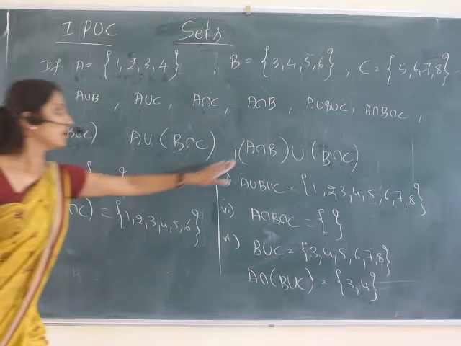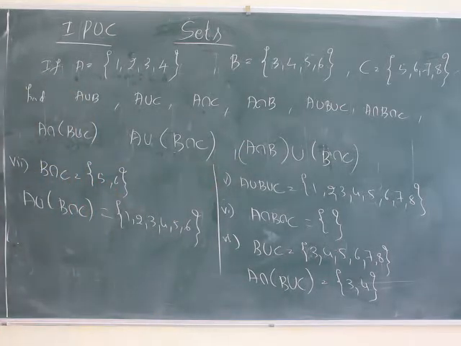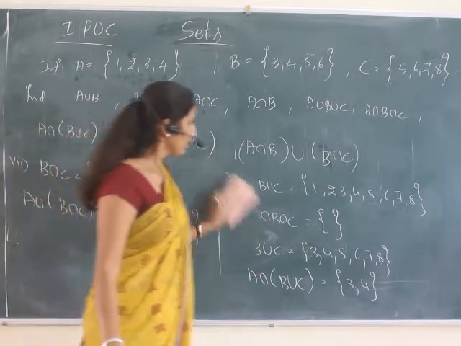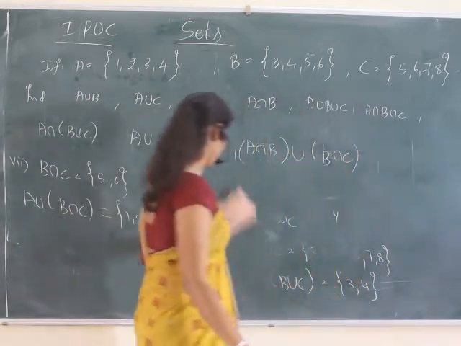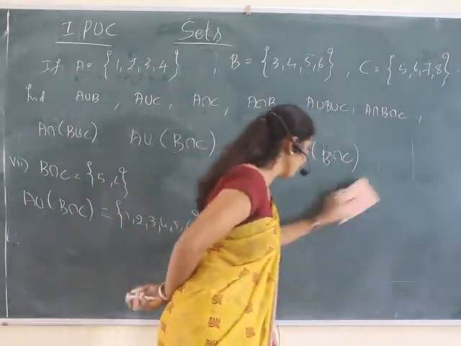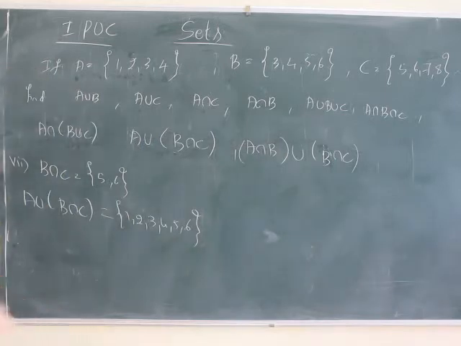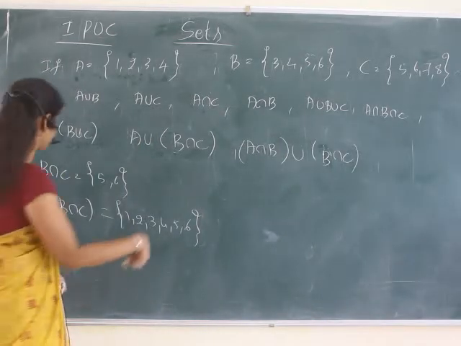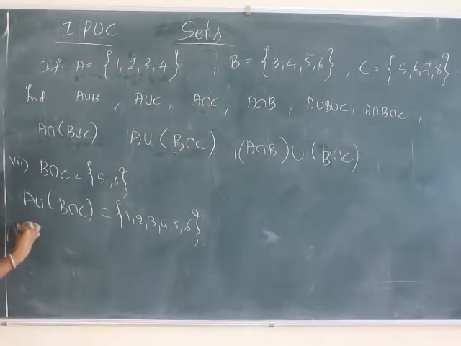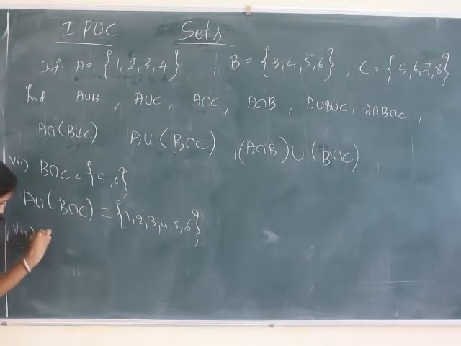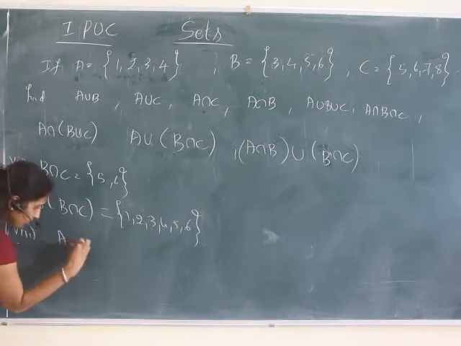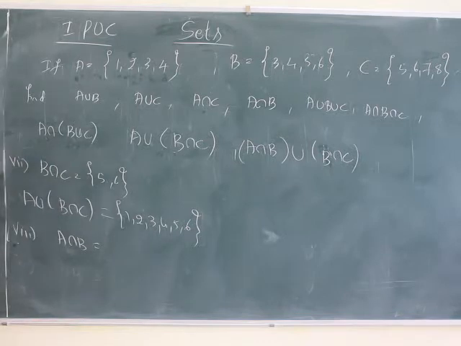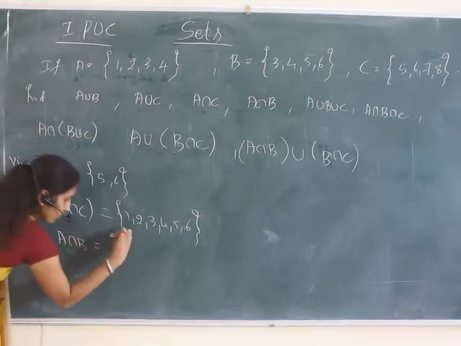Next one is (A intersection B) union (B intersection C). We will calculate one by one. First, what is A intersection B? The intersection between A and B is 3, 4.